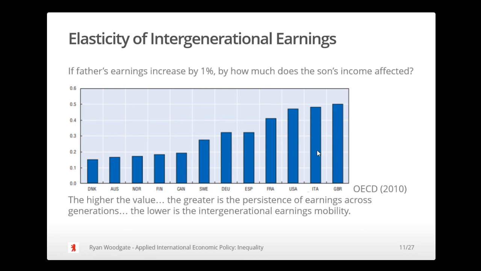Generally, these advanced Western economies seem to show that there is this persistence of earnings across generations. So here we're saying that if a father in Britain gets a pay rise, then essentially 50% of that will be transmitted one way or another to his children.